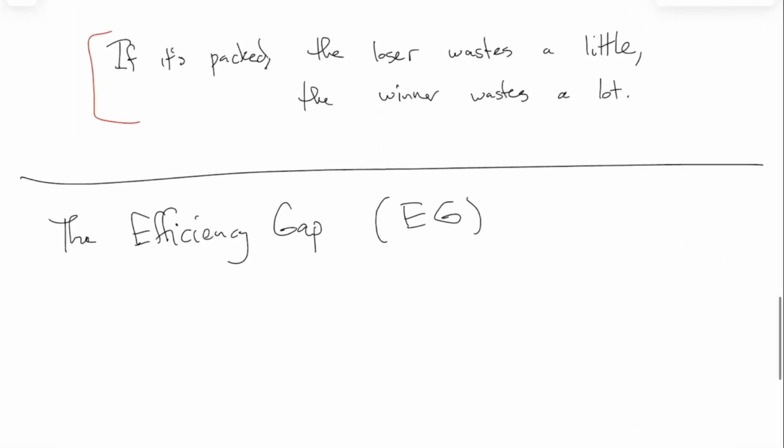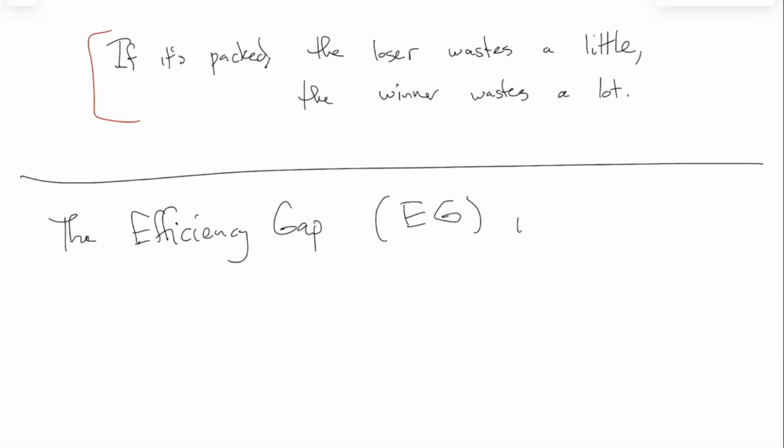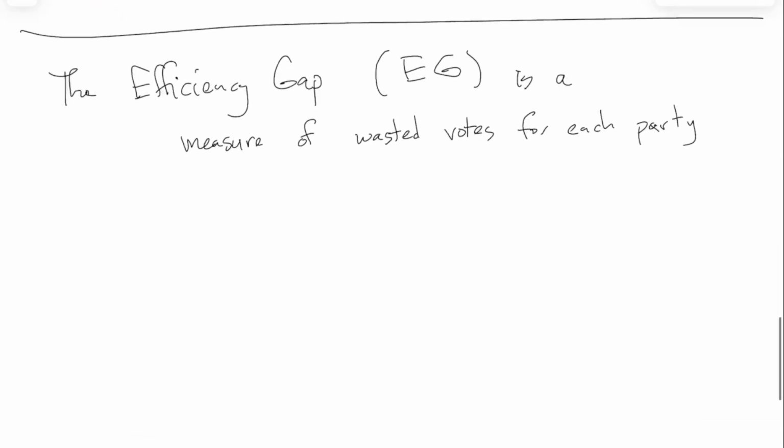The efficiency gap is a statistical measure of wasted votes for each party. And you can use this to measure how packed the districts are, which is a stand-in for how fair the districts are. So it's a measure of wasted votes for each party, which measures fairness of the districts.